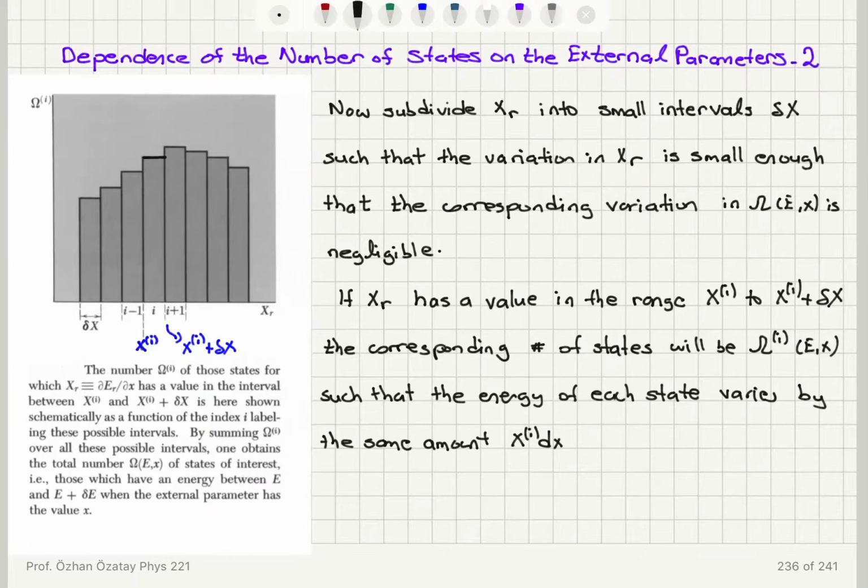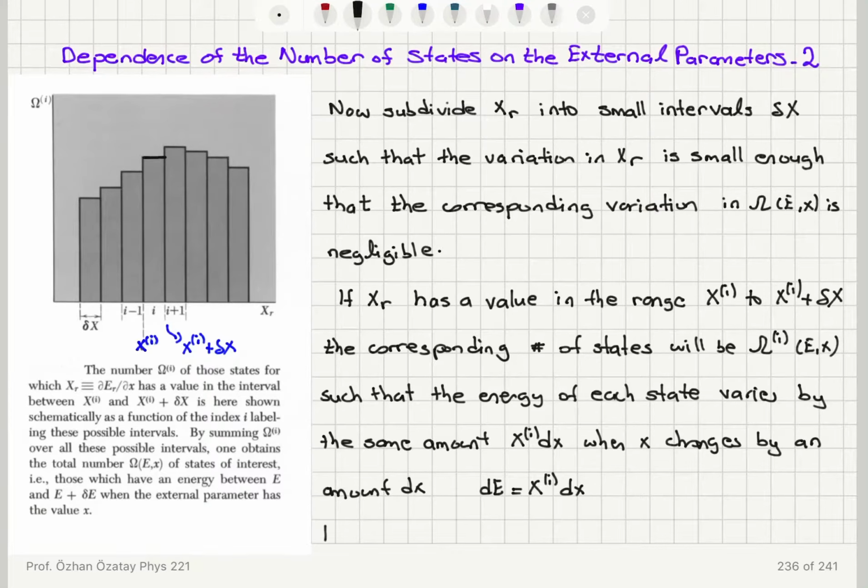So when x, the external parameter, changes by an amount dx, we're going to have a change in the energy level, dE, equal to xi dx.